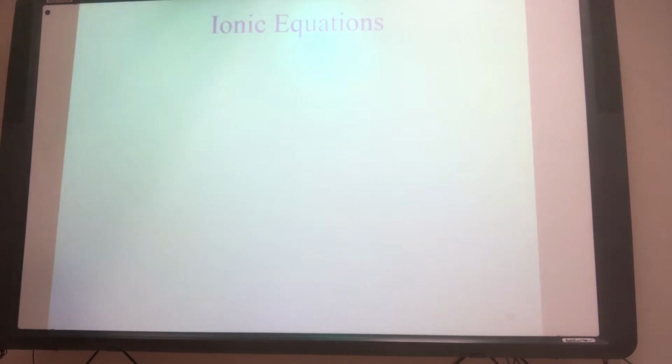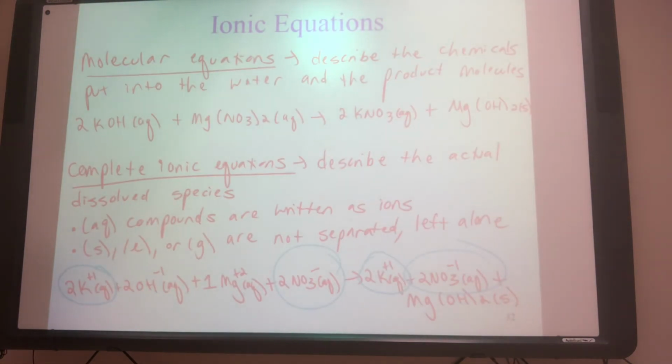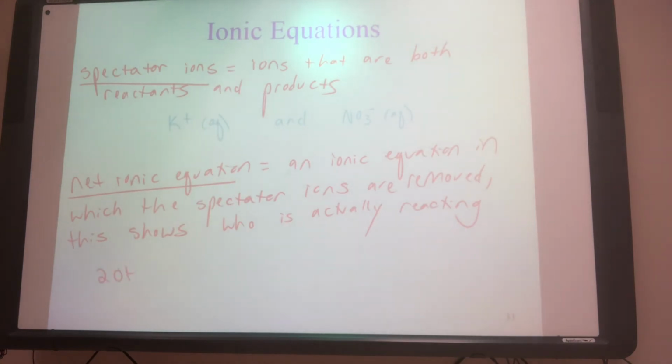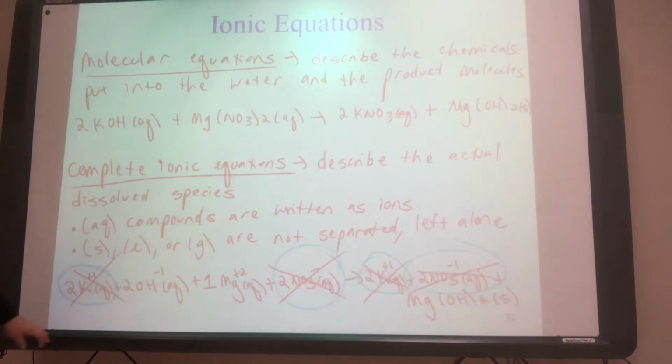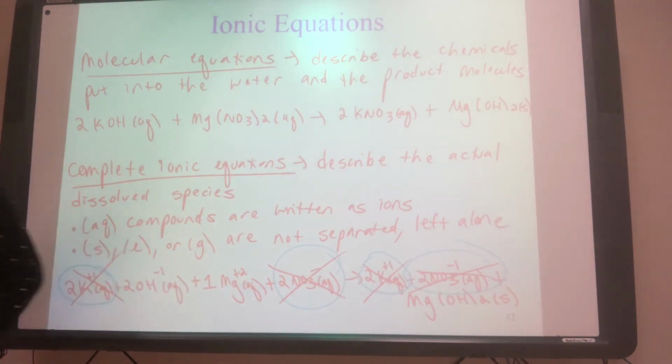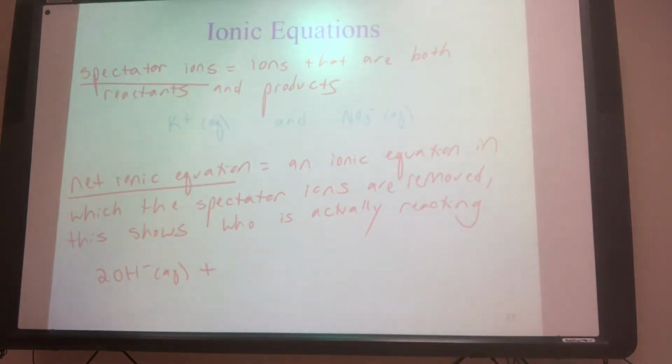So what I would do is I would go here and I would just take out every one that's a spectator and write only what's left. So if I write what's left, I would have 2 OH minus aqueous. So this goes away, 2 OH minus aqueous, 1 Mg2 plus aqueous.